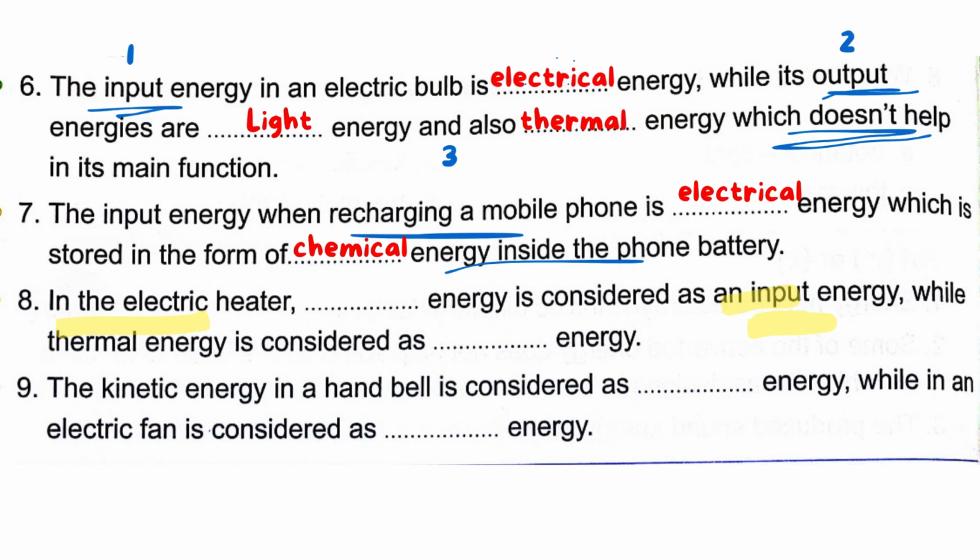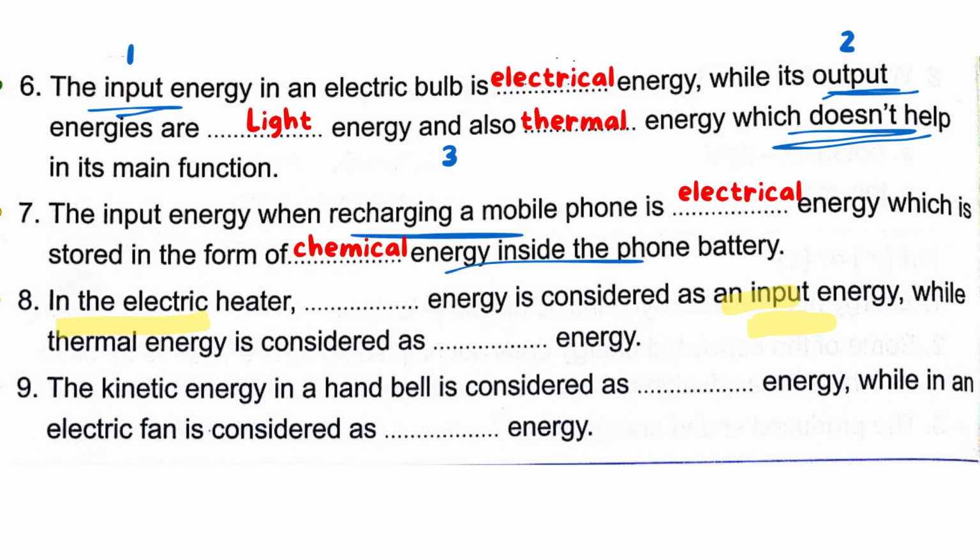And thermal energy, that is wasted energy. This is the whole story. So here the input energy when recharging a mobile phone is electrical energy, which is stored in the form of chemical energy inside the phone battery.